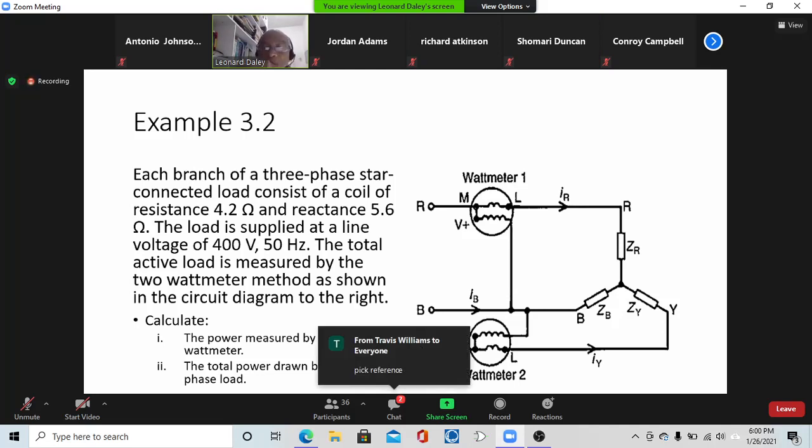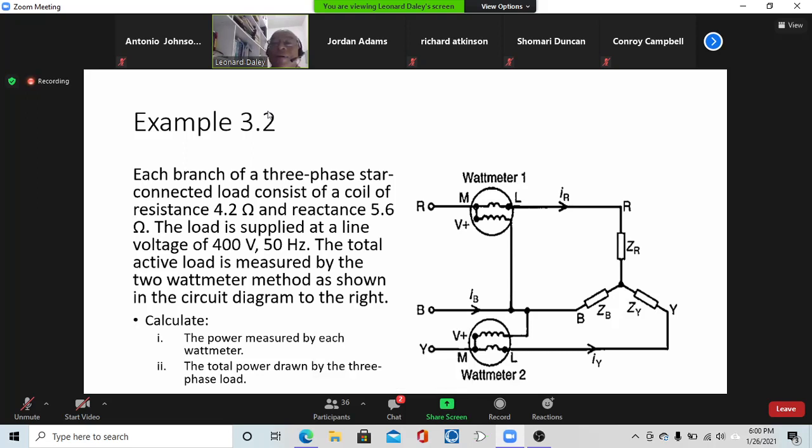And then? So you figure out what the wattmeter needs. Good. All right. Pick a reference. So what's the reference for our star system? Red phase, sir. Red phase current or red phase voltage?